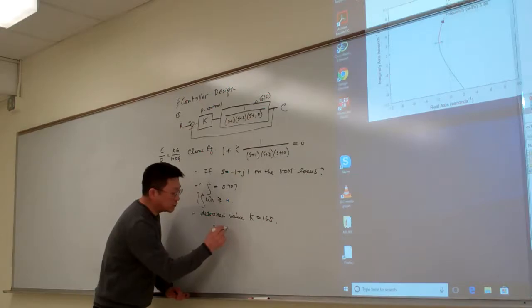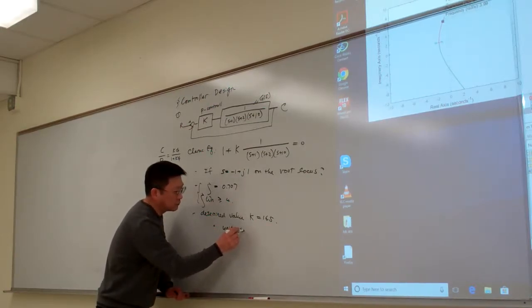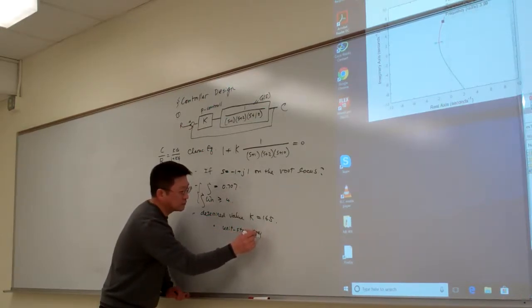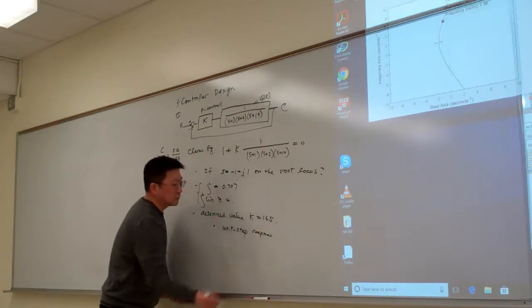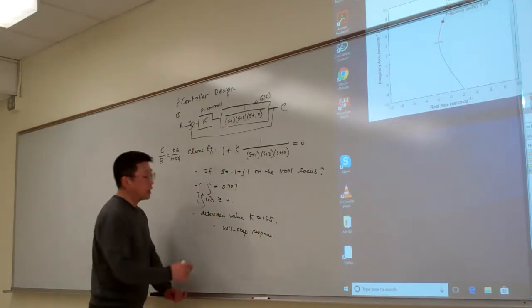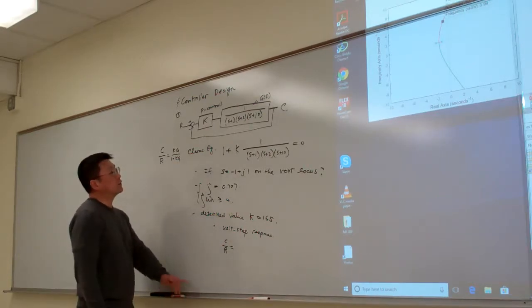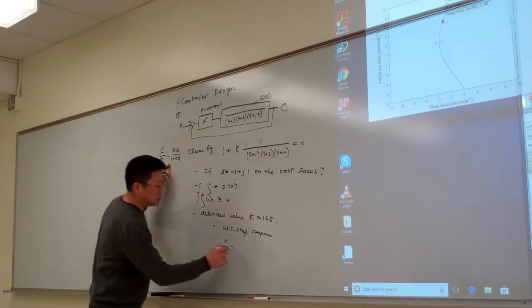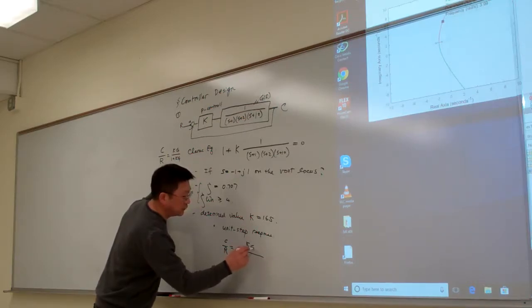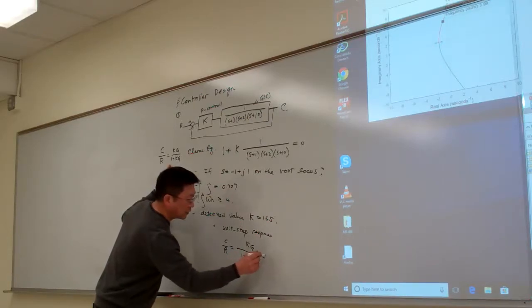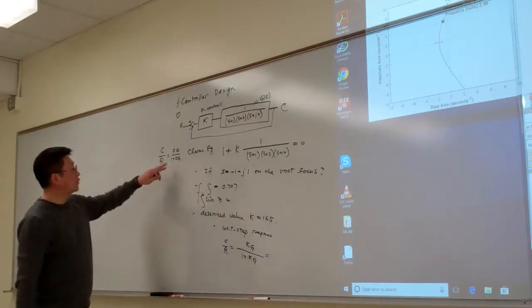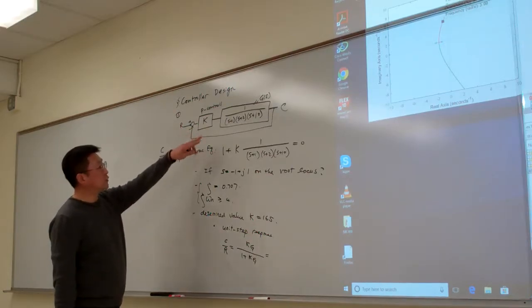Say we want to determine the unit step response. For the unit step response, our characteristic equation is again 1 plus KG equal to 0, and we can rewrite G equal to this.